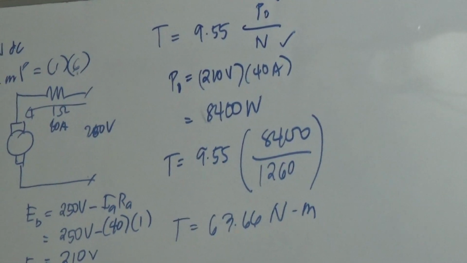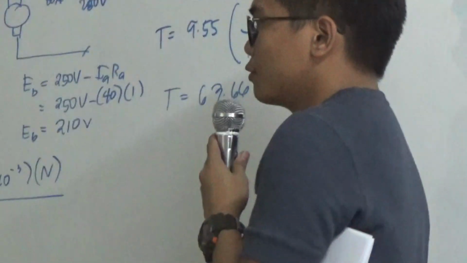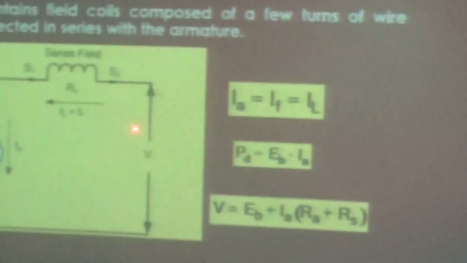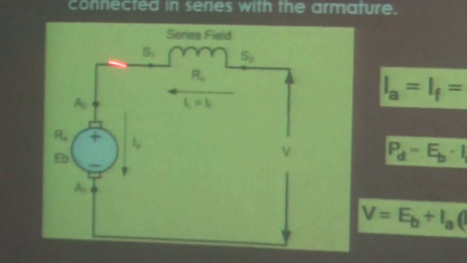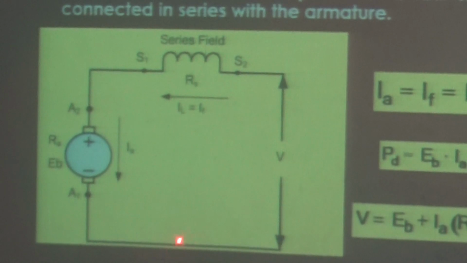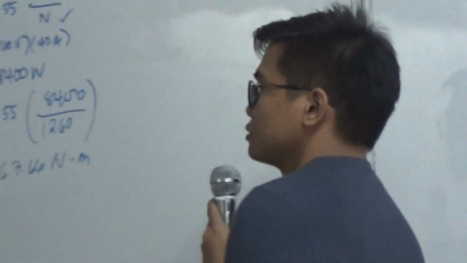Types ng DC motor, no? Baliktad na. Flow from the voltage, bibigay si voltage ng current papunta sa series field, then pabalik sa motor natin. Yung DC generator natin, pwede siya mag-serve as DC motor.